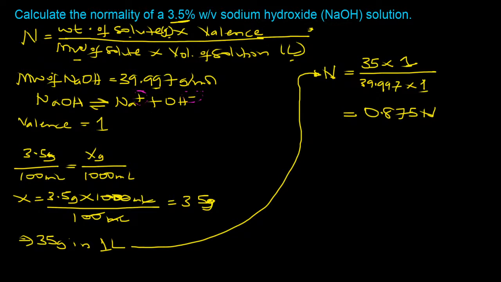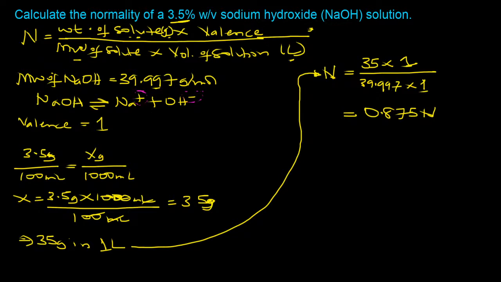So we had to make use of our understanding of percentage concentrations to bring some insight into what would be the quantity of the weight in grams to volume in liters. Okay, so a slight variation, but an important one.